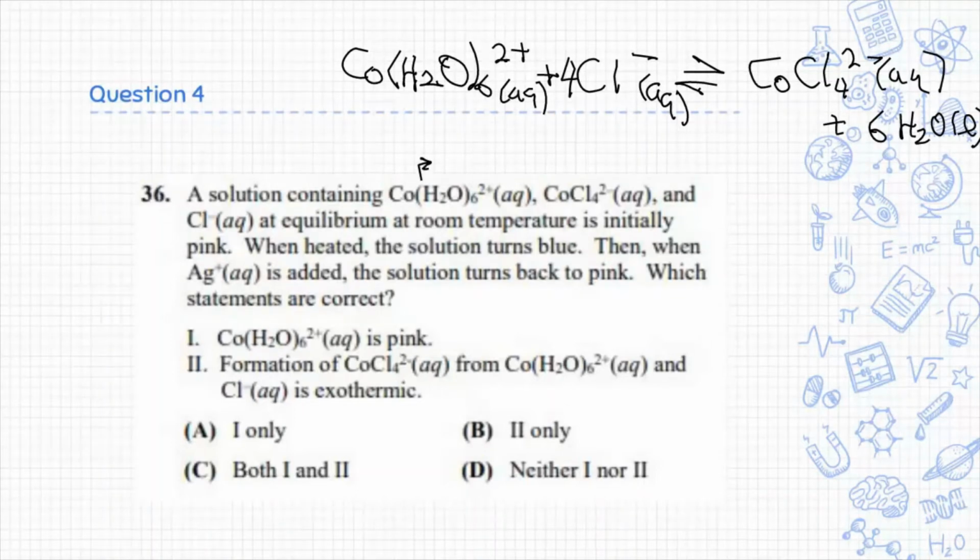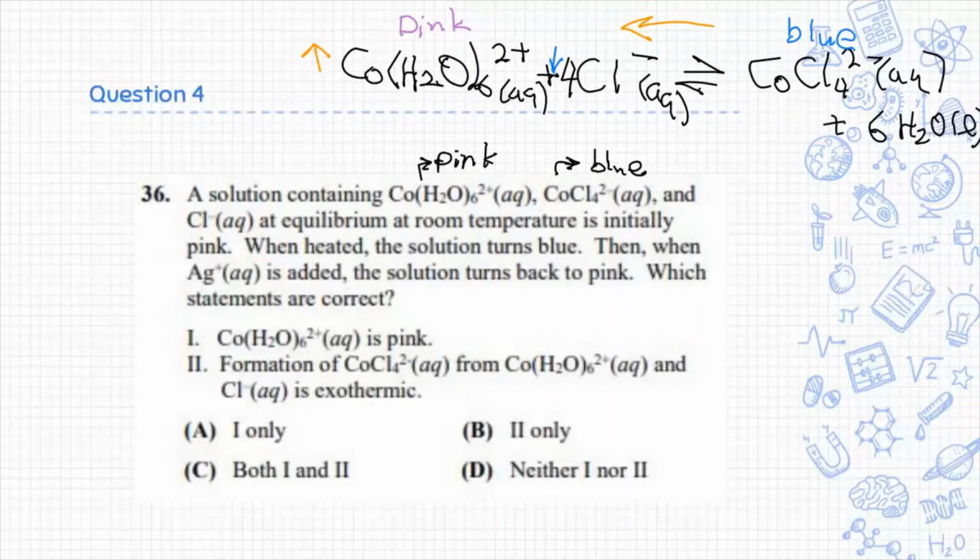So if you add Ag to the solution, that's going to react with the chloride ions and pull those out of solution. So essentially, adding Ag is going to decrease the amount of reactants, which means the reaction is going to have to shift to the left, increasing the concentration of the cobalt and water compound.